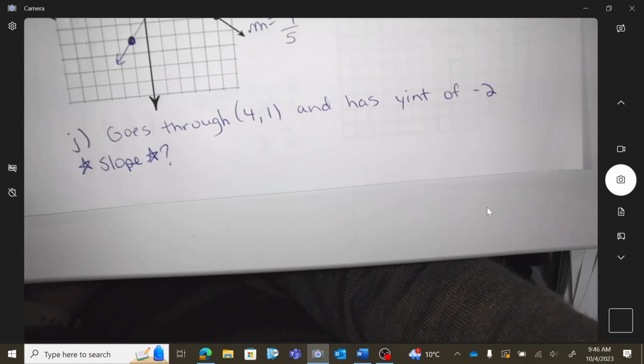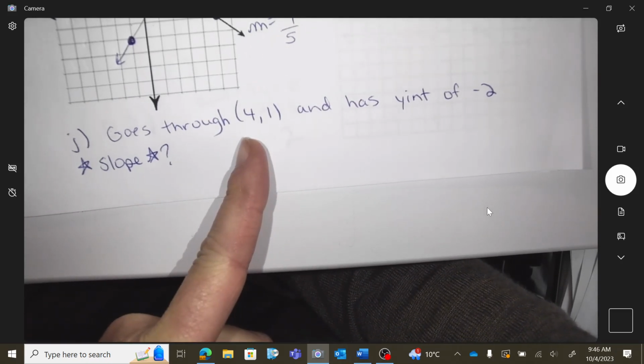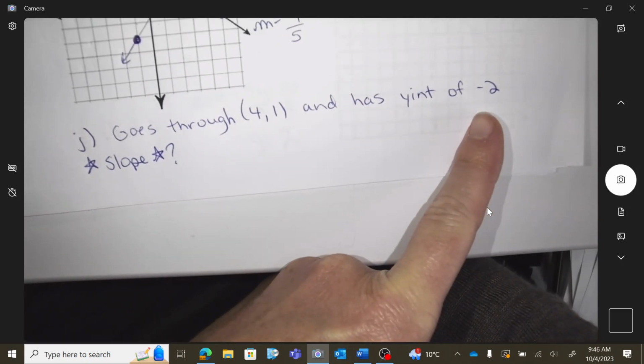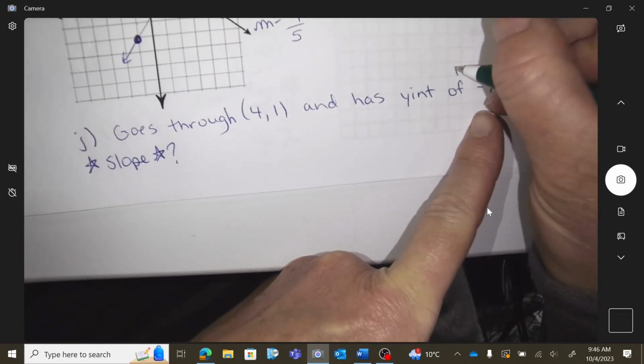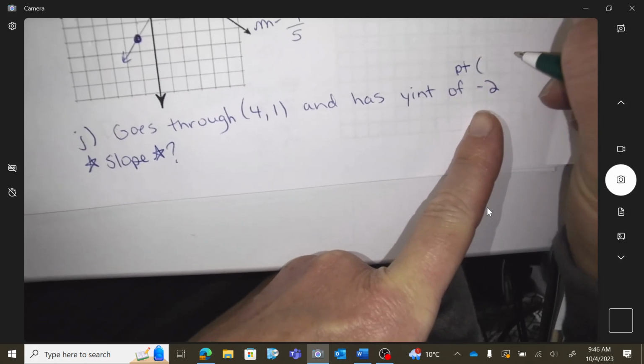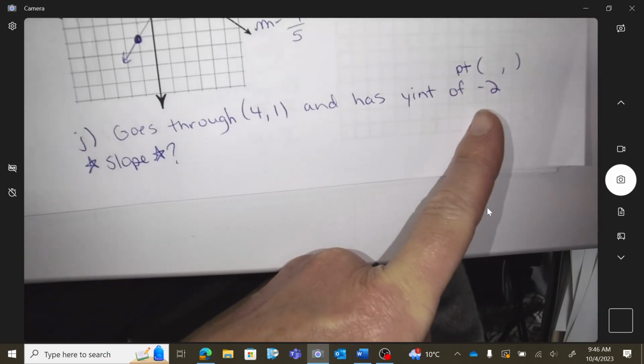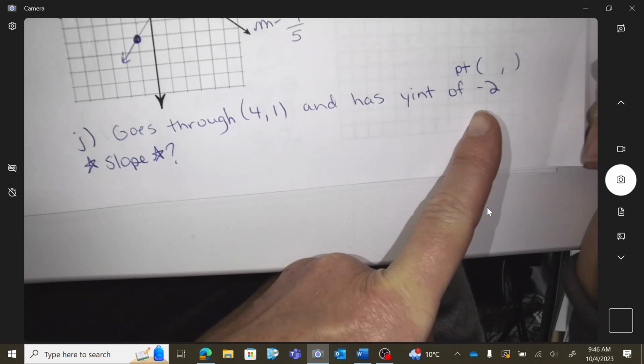Do we have a method of finding slope? This is a point, and this is a y-intercept, but isn't that technically a point? Yeah. How do you know what point it is? What would you call that point?